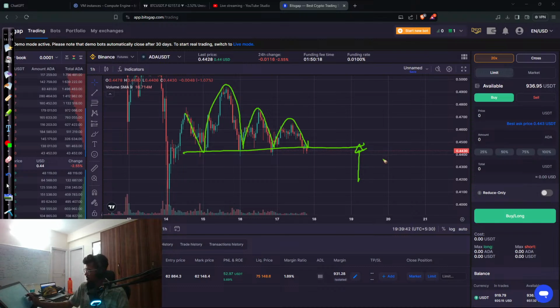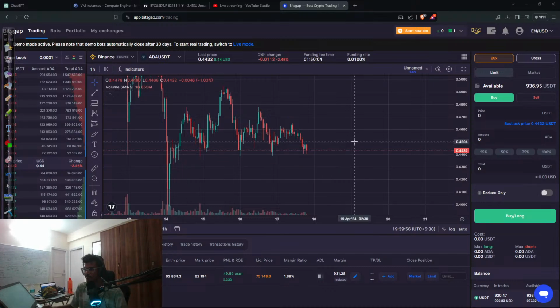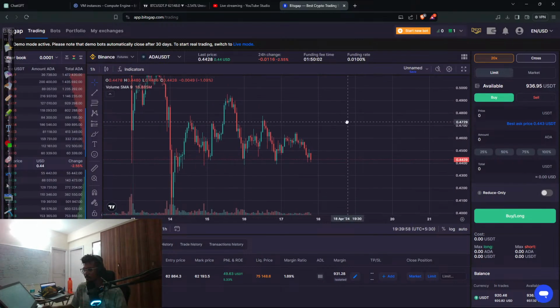If I'm gonna enter, I'd want to see a long candle and then a pull back, then I'll enter. So let's look for ADA later on. I don't think it's a good time to enter short there. Let's move on to a different chart.